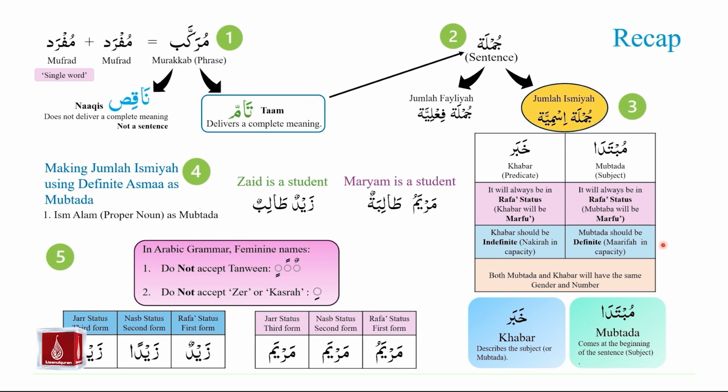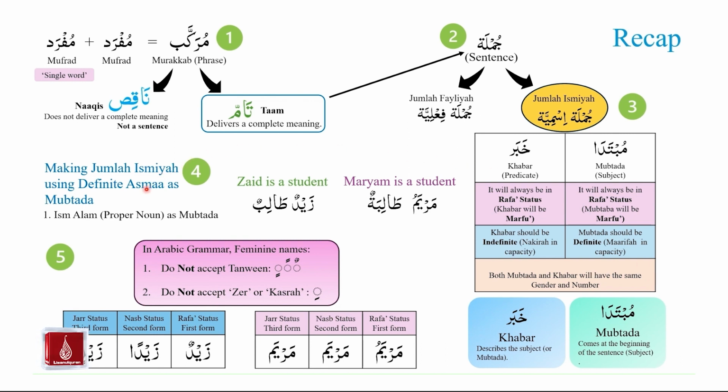Secondly, mubtada should be definite or marfa in capacity. Khabar should be indefinite or nakra in capacity. And this rule is applicable approximately 99% of the time. Finally, both mubtada and khabar will have the same gender and the same number. And this rule is applicable 99.99% of the time.